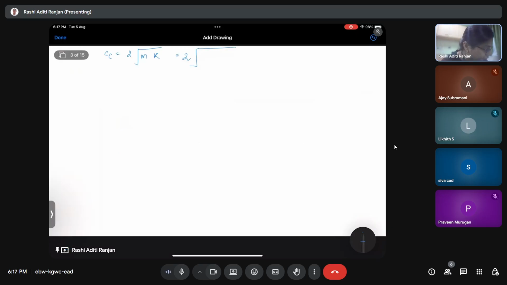So 50 into 5,000. This is what we are going to get as, this should be Newton second per meter. This is my critical damping constant. I hope this is clear. This is the answer for the first part.